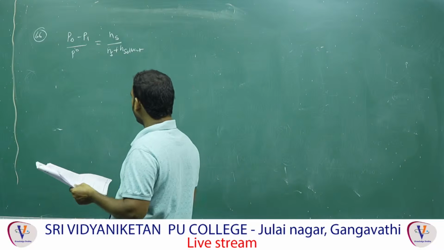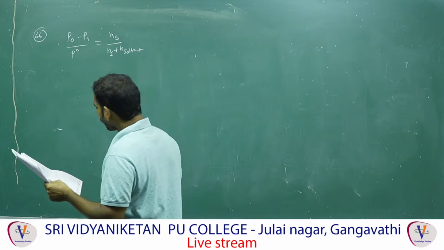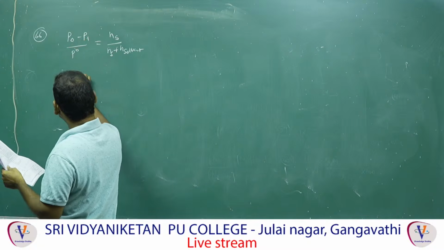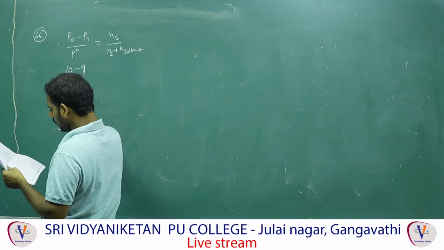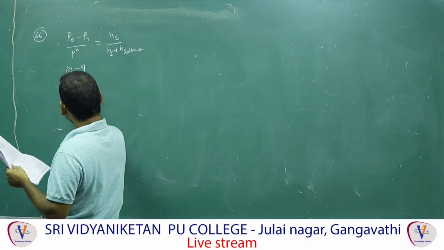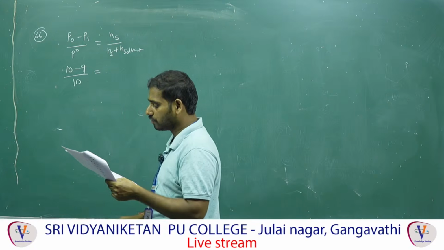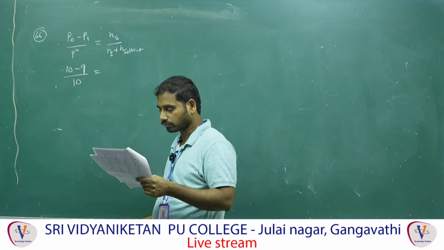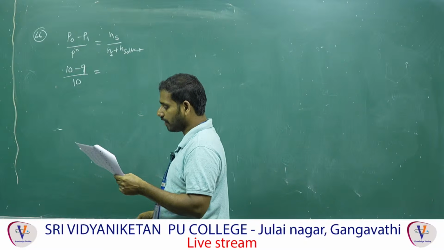P naught value is 10, P1 is 9. Which one is solute here? 1 gram is solute, 20 gram is the solvent.